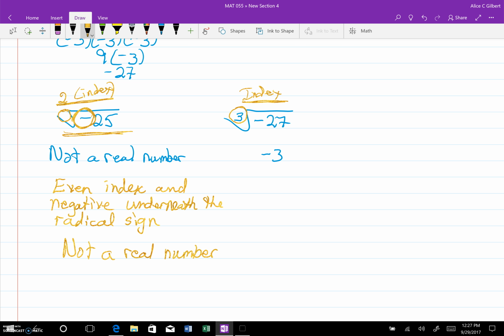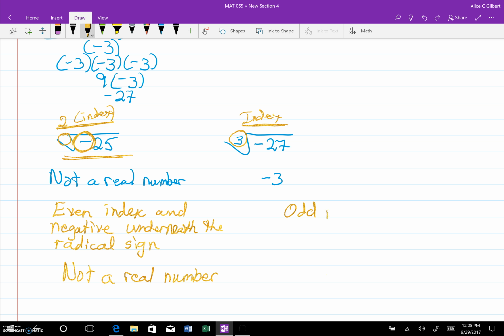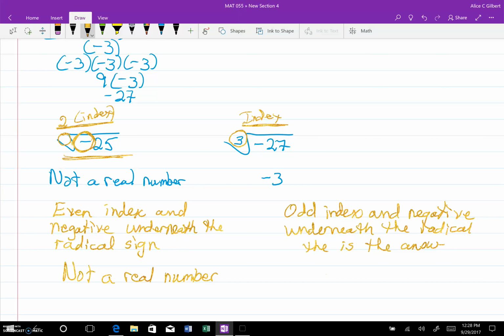If it's an odd index and a negative underneath the radical, the answer is negative.